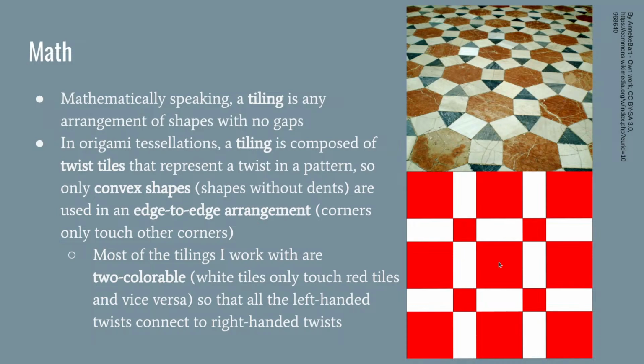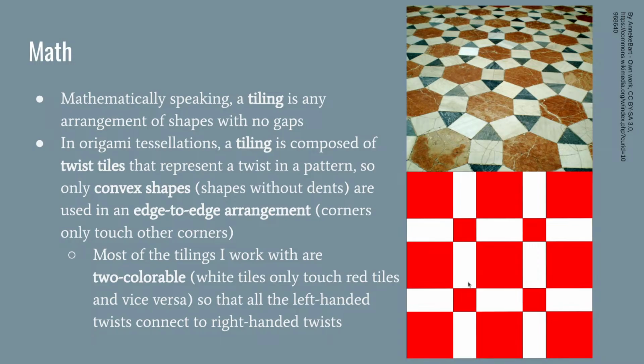If you try to actually, oh, and one thing I should mention is that the shape of the tile is the same as the shape of the center of the twist. So if you try to take a shape with a dent in it, and fold a twist, you're in trouble because at that point, at the corner of the dent, you have to tear the paper to get it to fold.